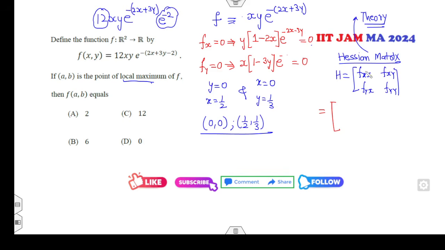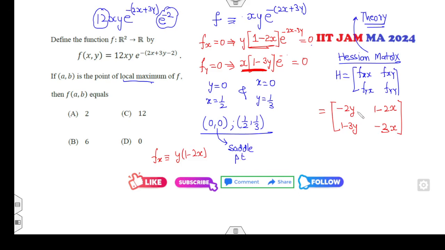So you can substitute f of xx, एक्सपोनेंशियल को छोड़ दो, तो आपके पास fx will be y into (1 minus 2x). इसको x के साथ डेरिवेटिव करेंगे, that will be minus 2y. इसको y के साथ करेंगे 1 minus 2x. Similarly, this is yx, इसको x के साथ करेंगे, that's 1 minus 3y and it is minus 3x.